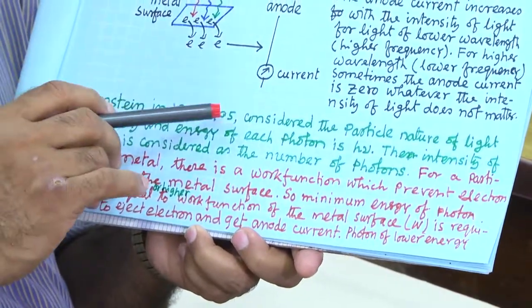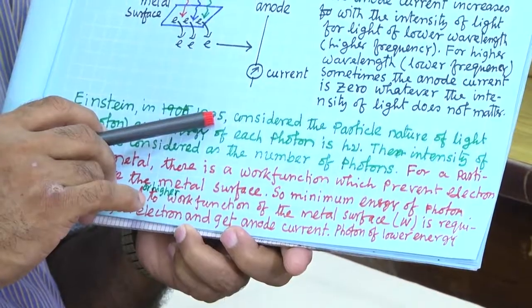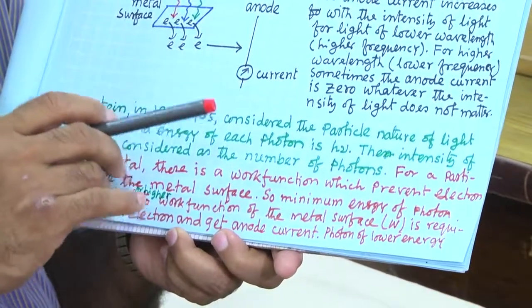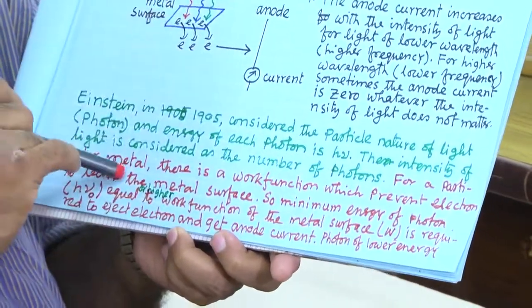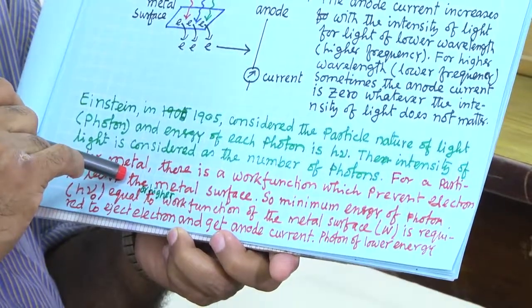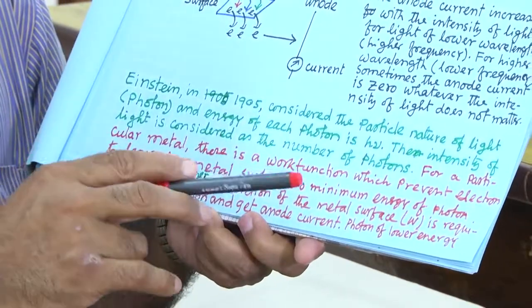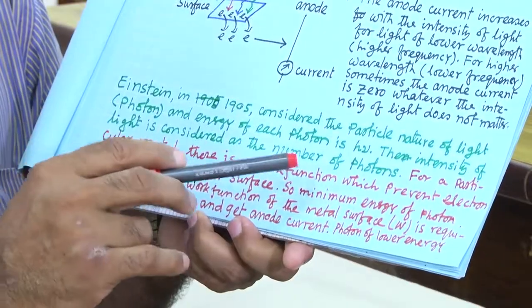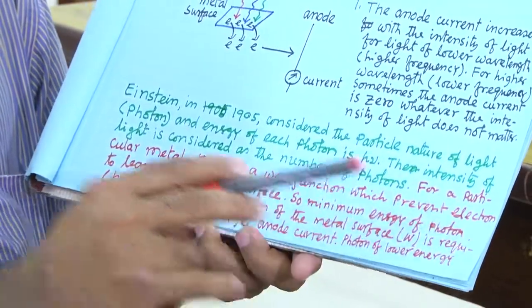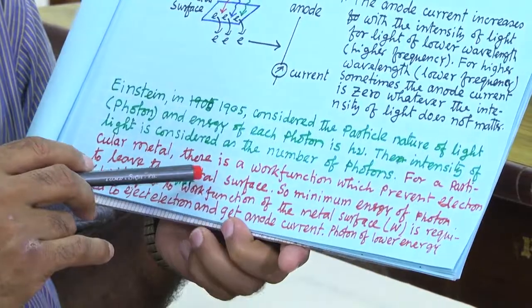That energy is basically called the work function of the surface of that metal. So there is a work function which prevents the electron from leaving the metal surface.